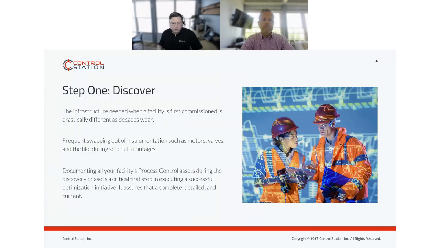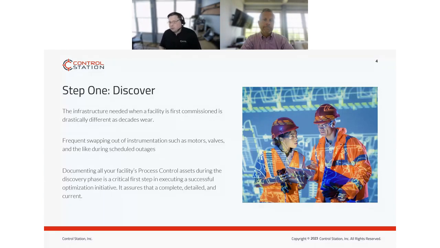And you start all journeys with discovery, right? What is it that you actually have at your sites? And this is an interesting step because when you're going out to your sites, you may not exactly know all the different assets, all the different equipment, all the PID loops, all the motors, all the valves, all that stuff that you actually have in place, right? You're constantly swapping out instrumentation and valves and motors.